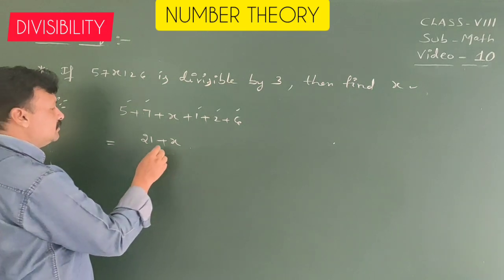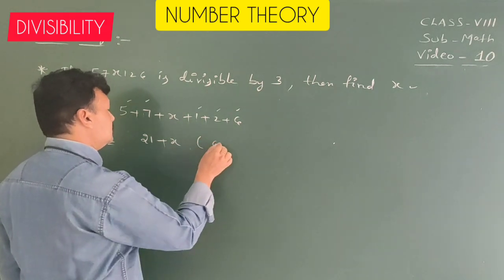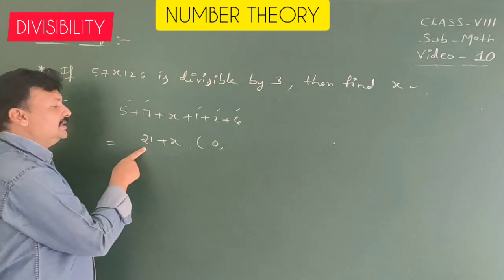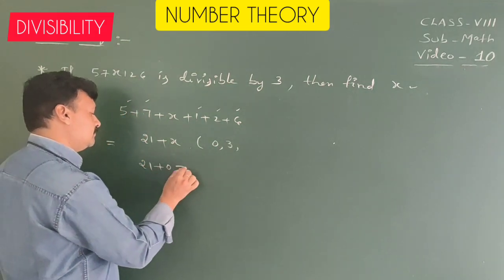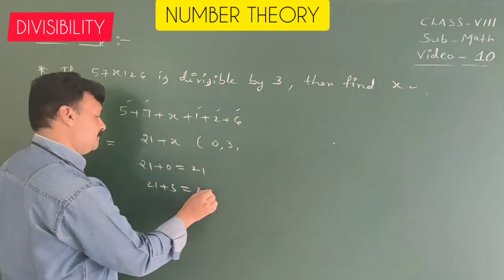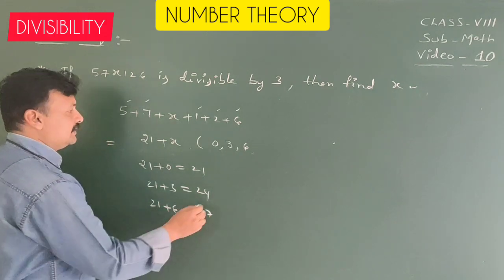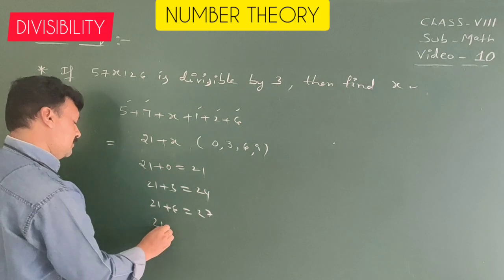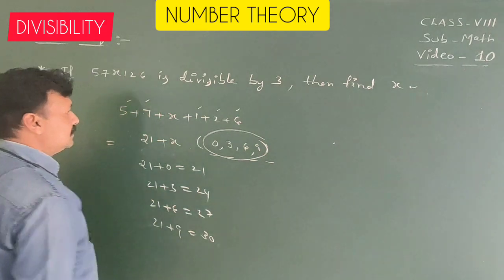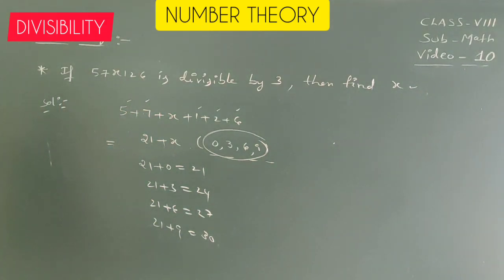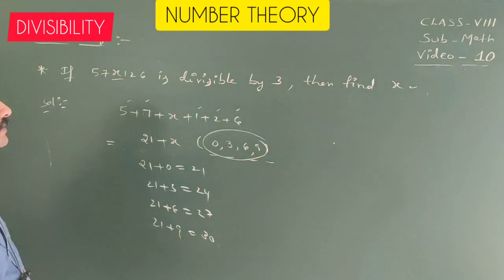If it is divisible by 3, the possible values are 0, because 21 is divisible by 3; 3, 21 plus 3 is 24; 6, 21 plus 6 is 27; 9, 21 plus 9 is 30. So 0, 3, 6, 9 are the possible values of x if it is divisible by 3.